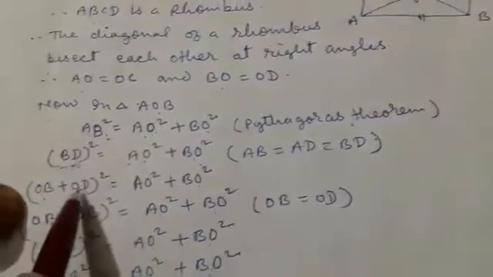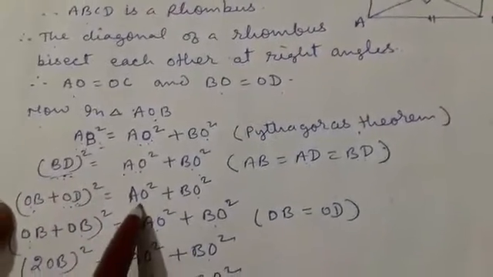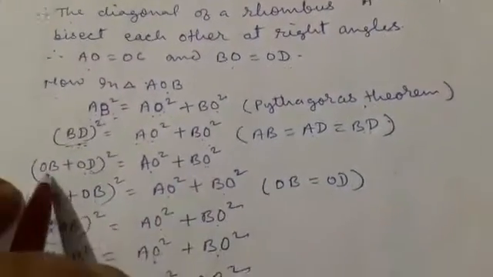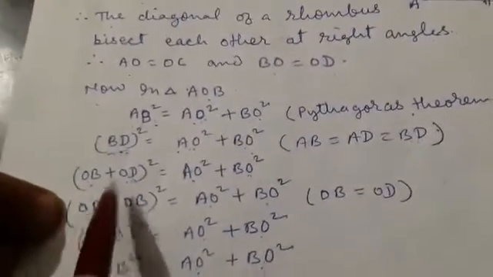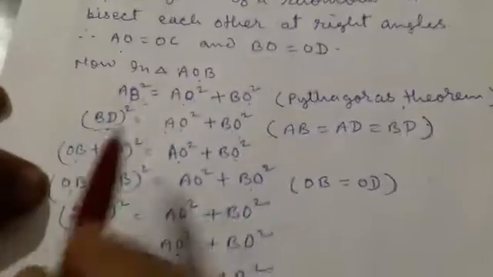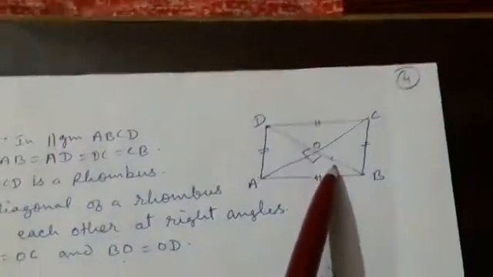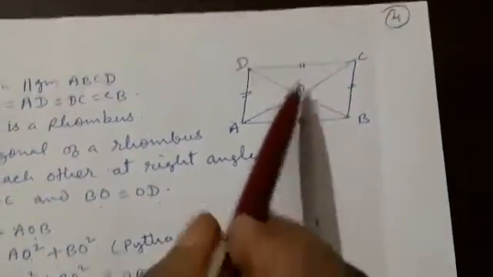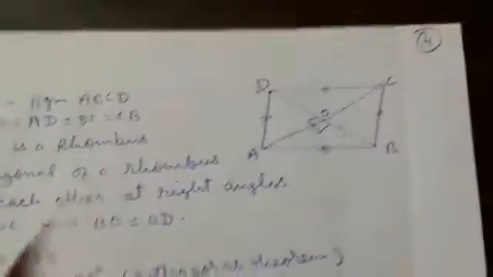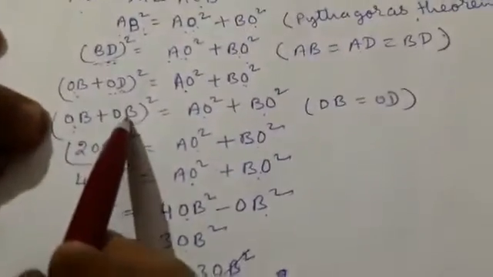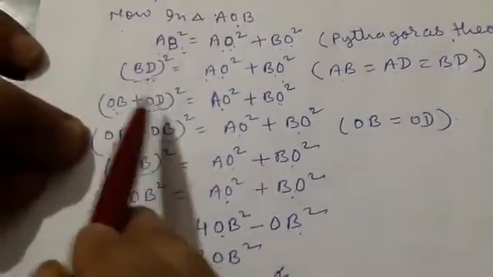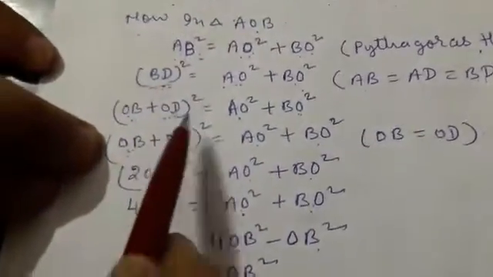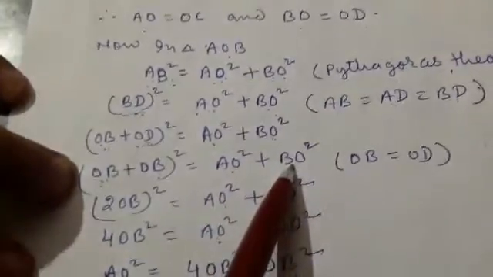So how will we write BD? BO plus OD whole square is equal to AO square plus BO square. We have seen that OD is equal to OB, both are equal, so in place of OD we will write OB.